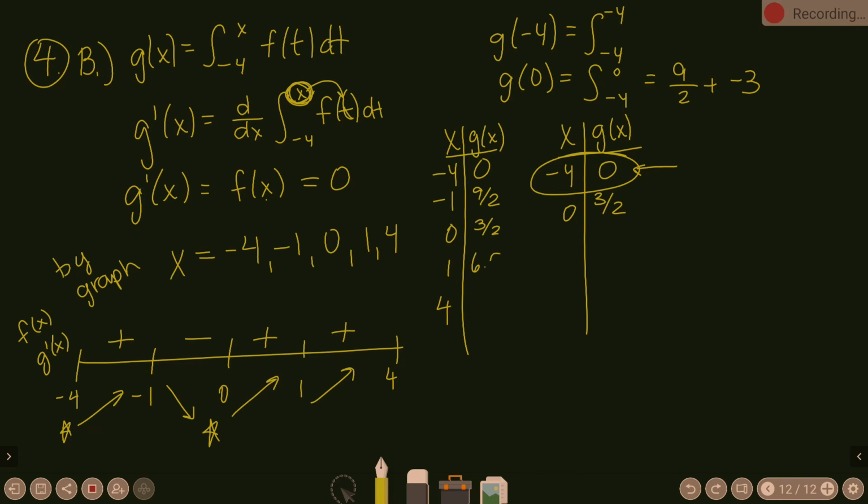And when we go all the way over to 4, g of 4 you would have already found in part A to be 11. So if you did it that way, you would still get that that is the smallest one. Which means, did you have to do the sign chart? You did not have to. But then if you don't do the sign chart, you have to do all of them here.